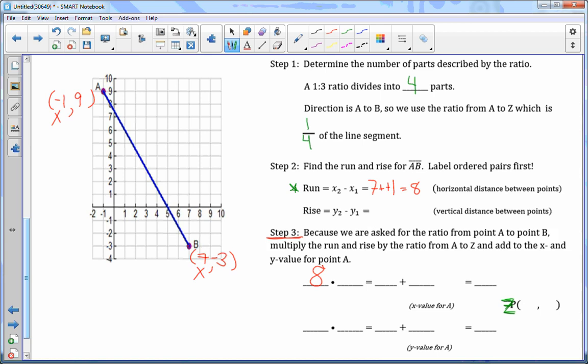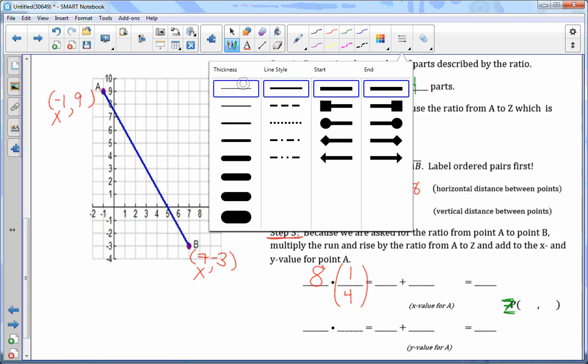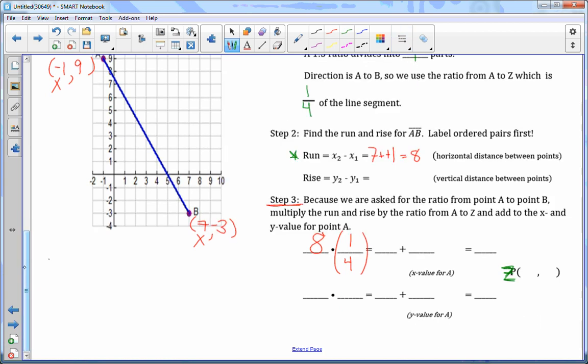So we times by what? 1/4. Because we're going to move 1 out of the 4 parts. This one's nice again. Tyler, does anything simplify or cancel? So 2 and 1. So we get 2. The 2's our answer.